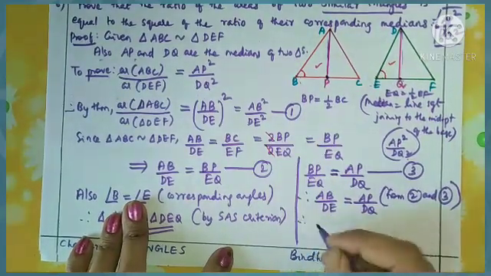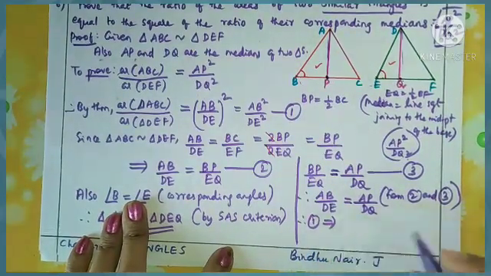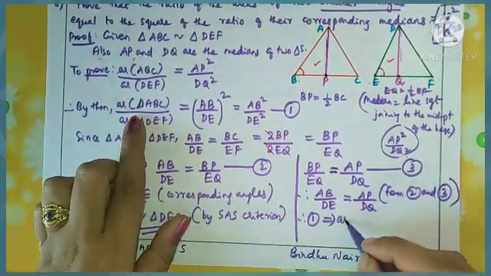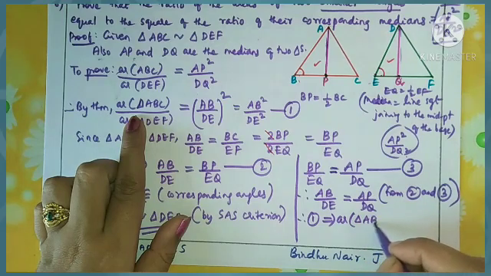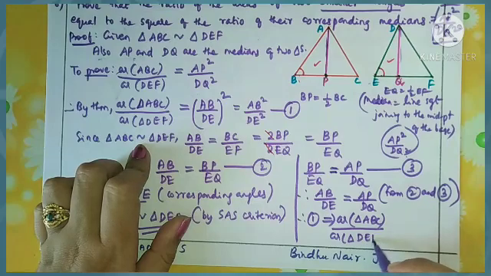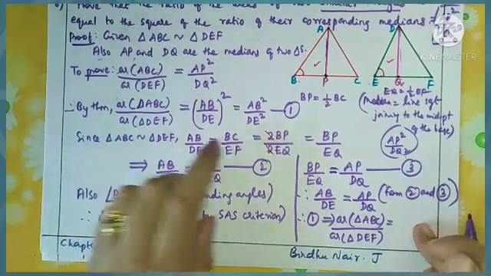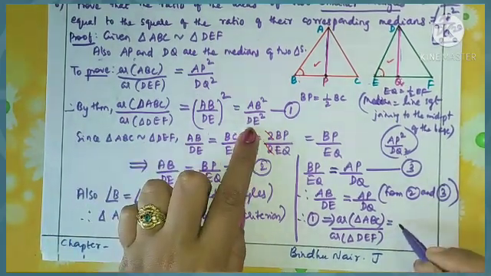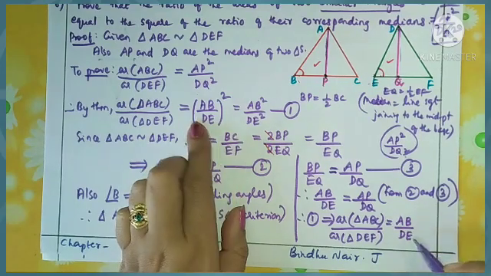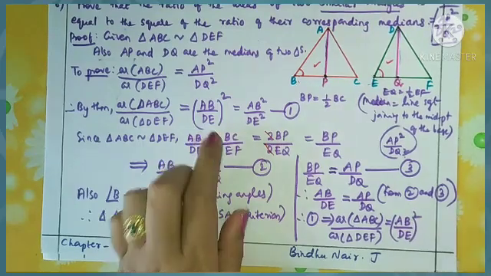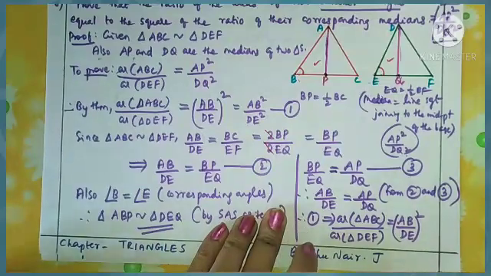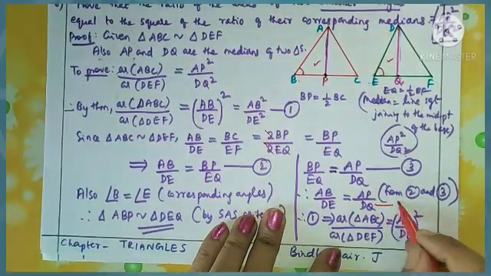Therefore 1 implies, what is the left hand side of 1? Area of triangle ABC by area of triangle DEF is equal to, what is the right hand side? AB by DE the whole square. Now AB by DE is equal to what we proved just before. Take this as 4.